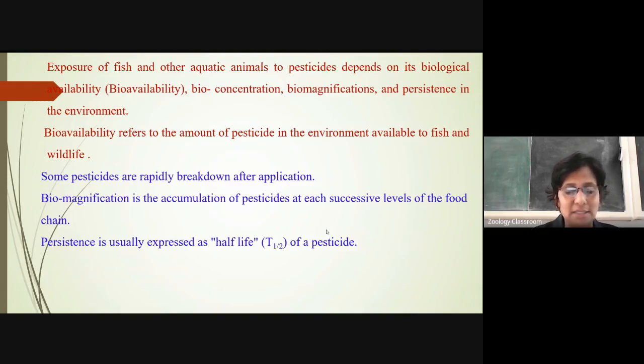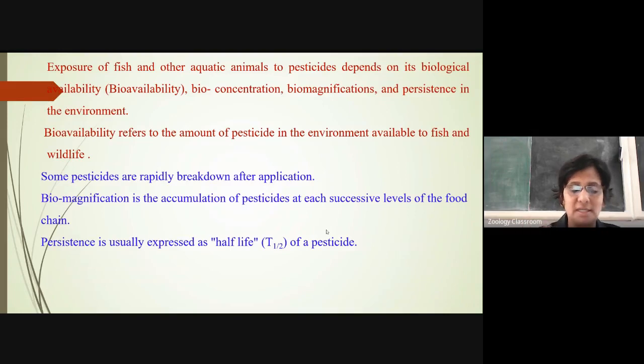So at each step in the food chain, the concentration of pesticide increases. Fish can pass these poisons to humans, as human beings feed on fish.